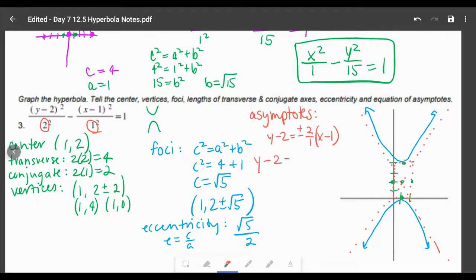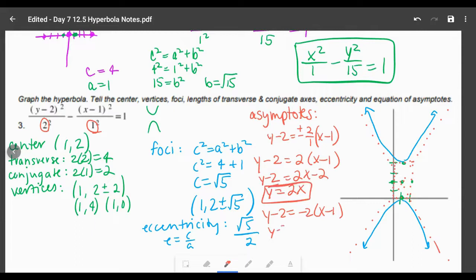So we have y minus 2 equals 2 times x minus 1, and also y minus 2 equals negative 2 times x minus 1. If I distribute, I get y minus 2 equals 2x minus 2, and also y equals 2x plus 0. When we look at the other equation, we have y minus 2 equals negative 2x plus 2. And if I add 2 to both sides, I get y equals negative 2x plus 4.